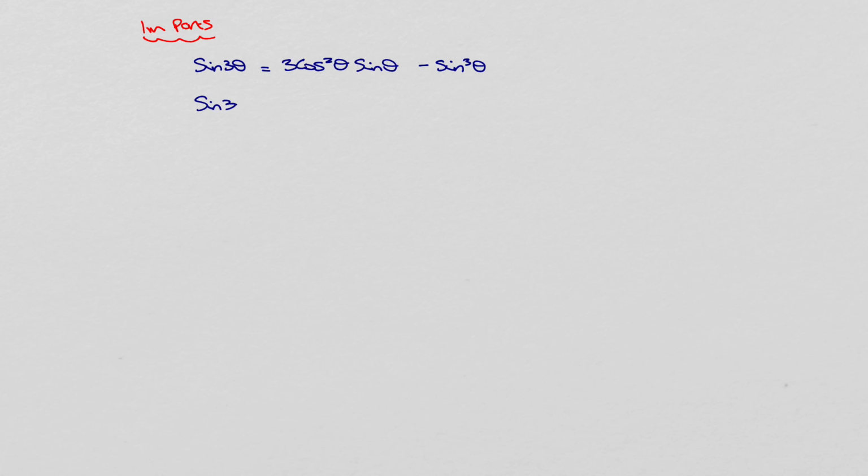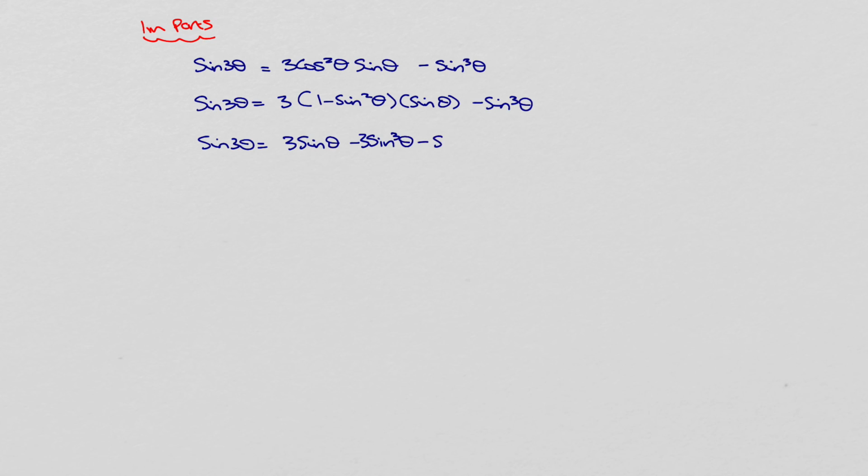And again, if I replace the cos squared theta this time with 1 minus sine squared theta, because there is no cos in what I was asked to show, then by multiplying out my brackets, I have 3 times sine theta and minus 3 sine cubed theta minus sine cubed theta. And that leaves me with exactly what I was looking to show, that sine 3 theta equals 3 sine theta minus 4 sine cubed theta.